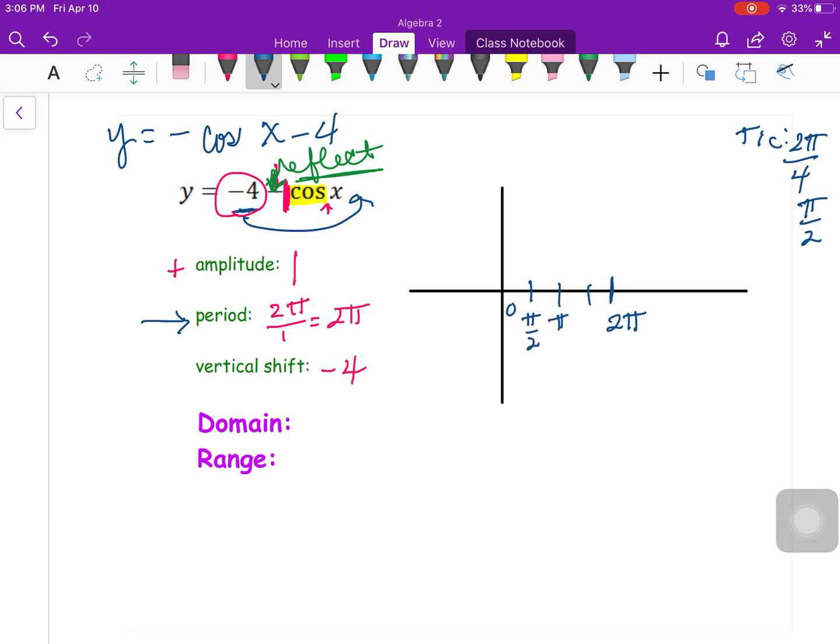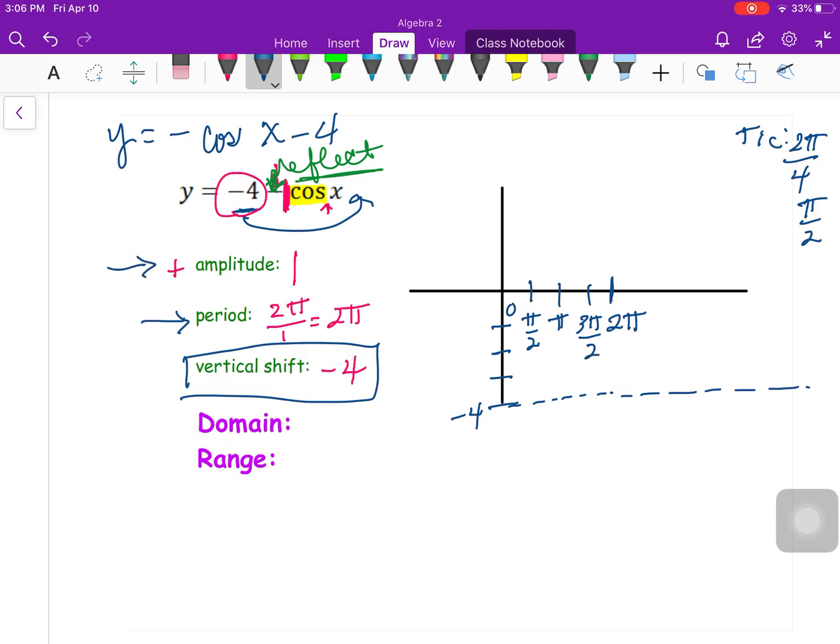So 1 pi over 2, 2 pi over 2, which reduces to pi, 3 pi over 2, 4 pi over 2. There's my x-axis. Then I do this vertical shift. So I have to take my 0 and go down 4. 1, 2, 3, 4. So there is my new midline.